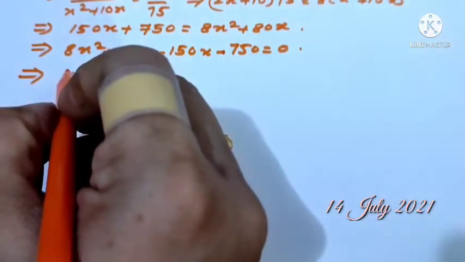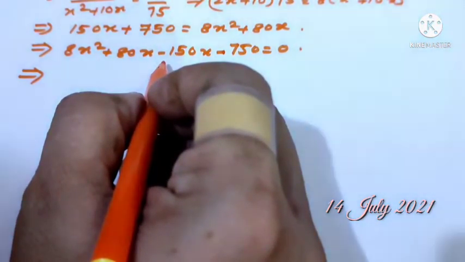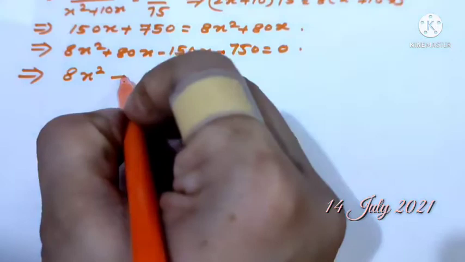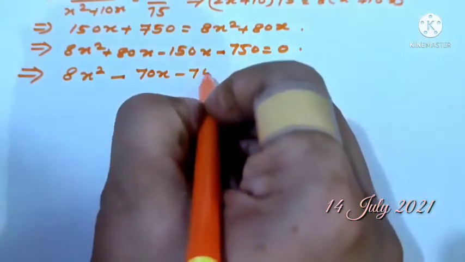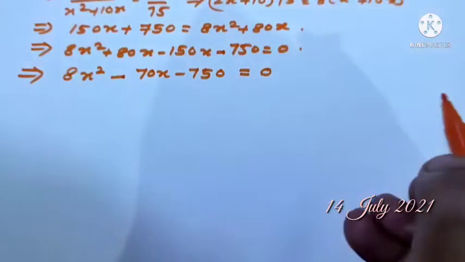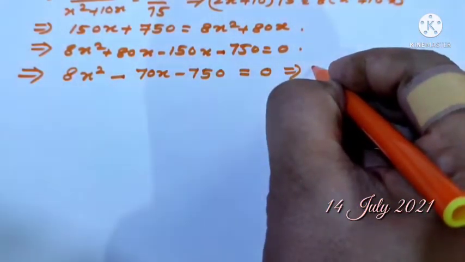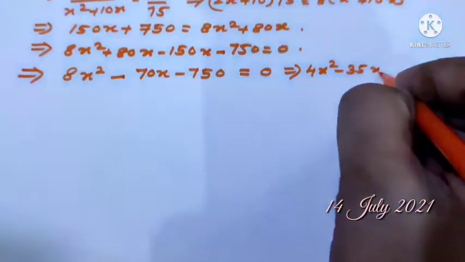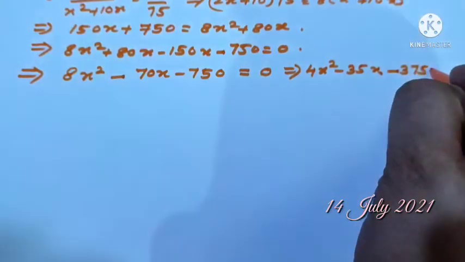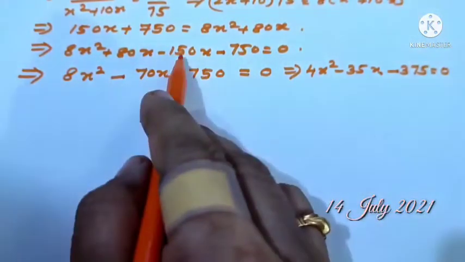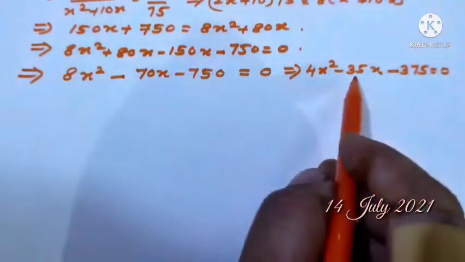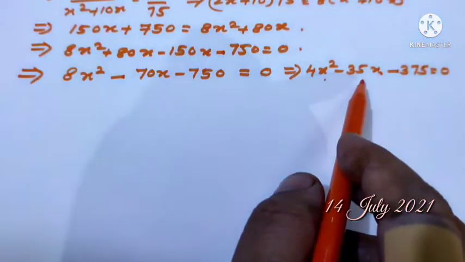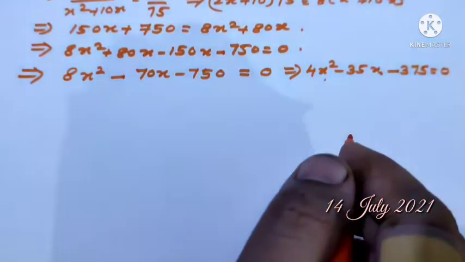So 8x square minus 70x minus 750 equal to 0. We can cancel by 2. That means 4x square minus 35x minus 375 equal to 0. Because it is minus 150, so minus only. We have cancelled with the 2, so the terms are 4x square minus 35x minus 375 equal to 0.